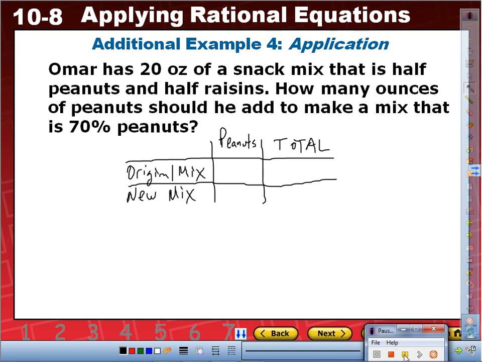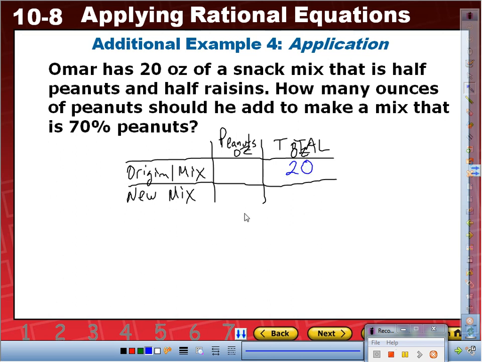So I'm going to set this up. Here it goes. On my original mix, what is the total ounces? Oh, by the way, I'm going to label this ounces. What is the total ounces of the original mix? 20 ounces.